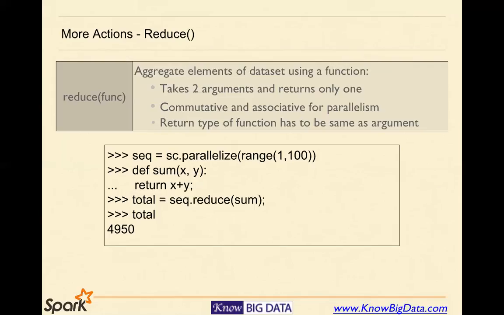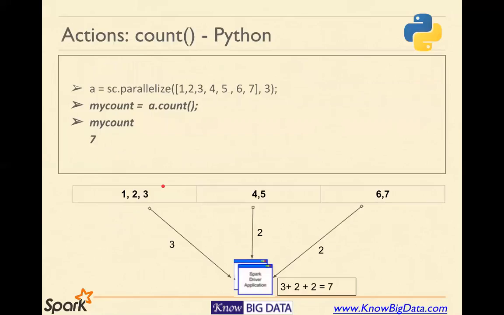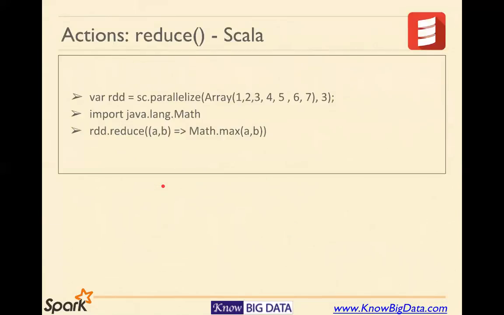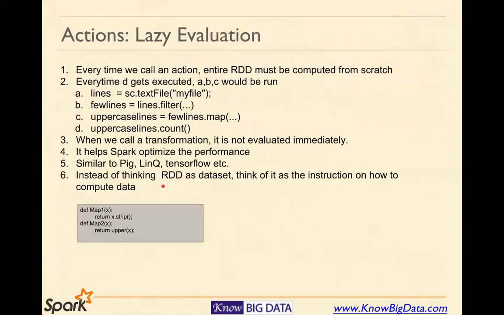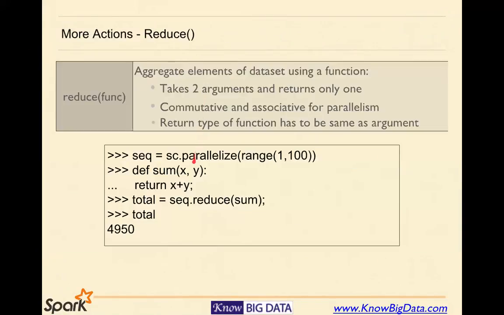So there are two arguments we are defining here. It takes two values, x and y, and then it returns x plus y. It basically sums up values till it gets 1.